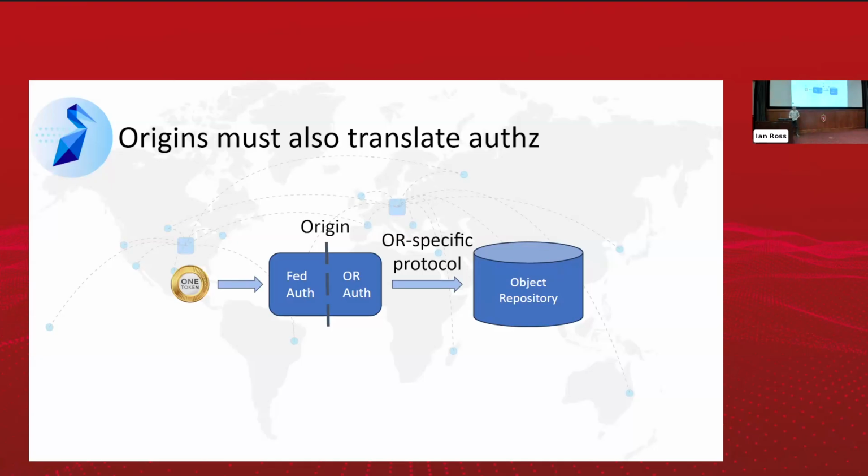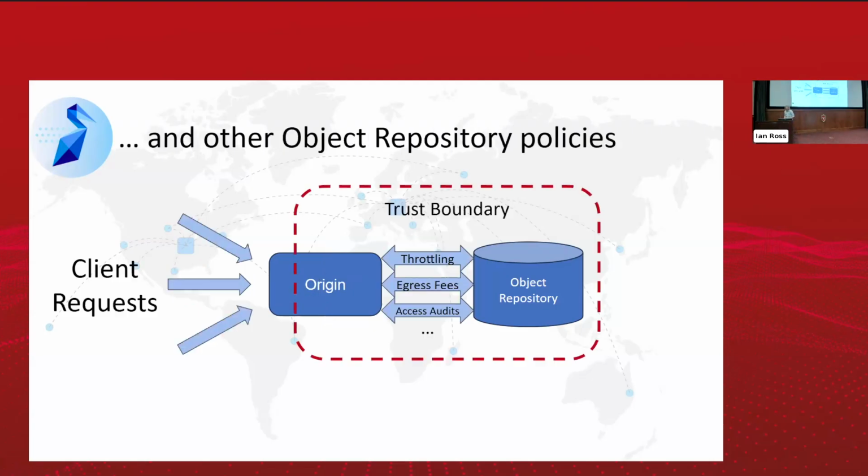The origin picks up that token, gives you a yes or a no, and at that point, the origin now has to pick up something else. It picks up some object repository specific piece of authorization. It may also be a token, it may be something else, but it then uses this object repository specific piece of authorization to actually go talk to the object repository. So there's authorization translation that happens as well.